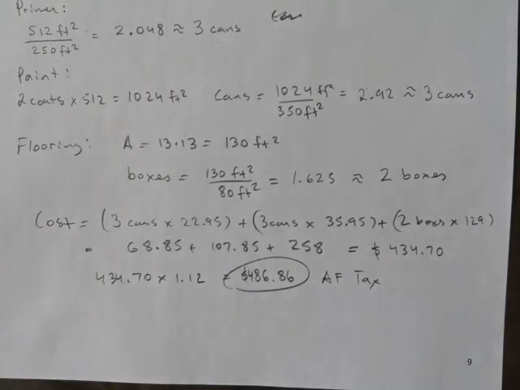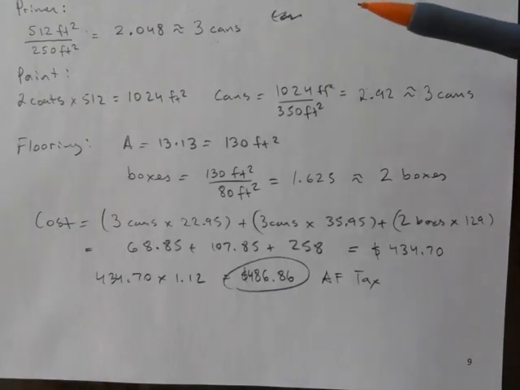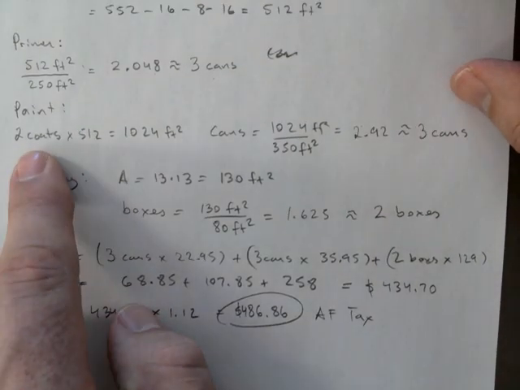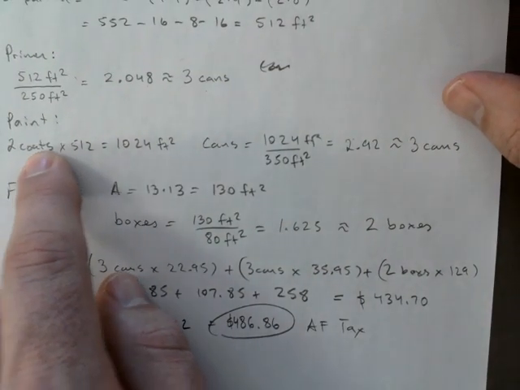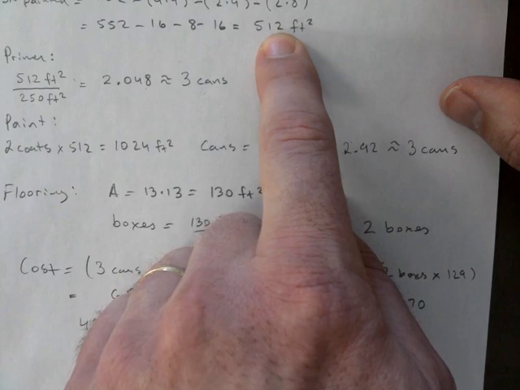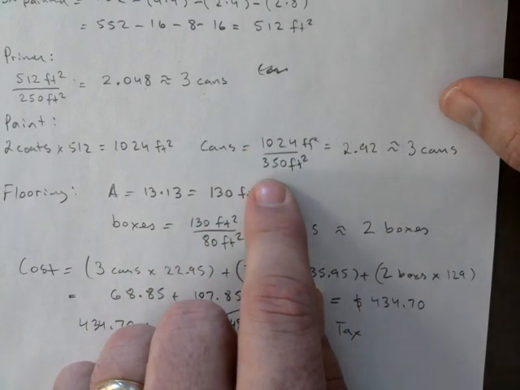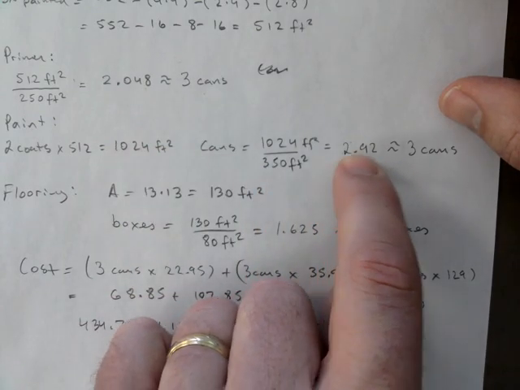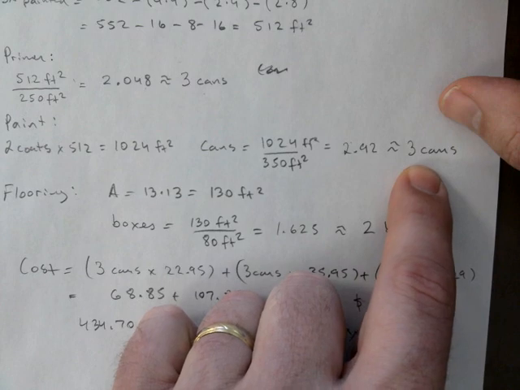Okay. I want to say something though here. It's a very common mistake. Don't feel bad about it. But when it's coats, some students will just take the 512 and divide it by, in this case, let's say paint here, right, 350. You get 2 cans and then you multiply it by 2 again to get 4 cans.